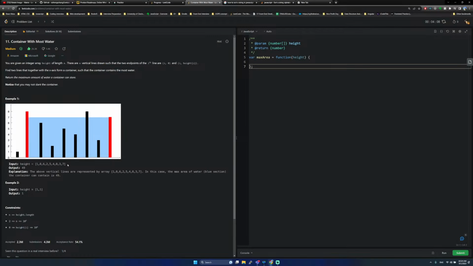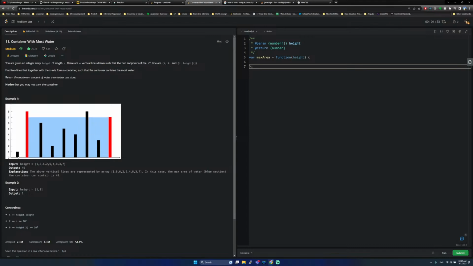So what I think is 7 into 7 they have calculated, right? For any two integers that we select, we have to take the integer with the least value, and once we have the least value, we calculate it with the distance between.